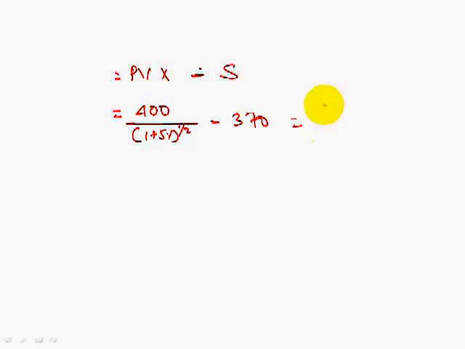How much is the answer? 20.36. So the minimum theoretical price of the European put option is 20.36.